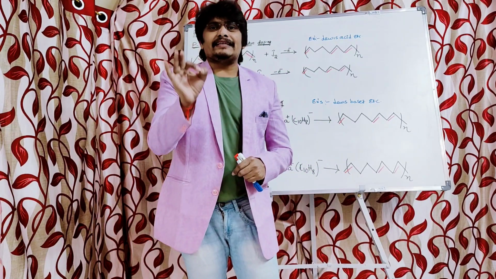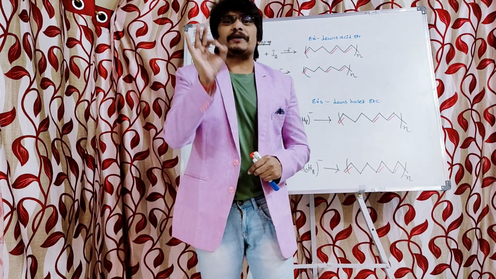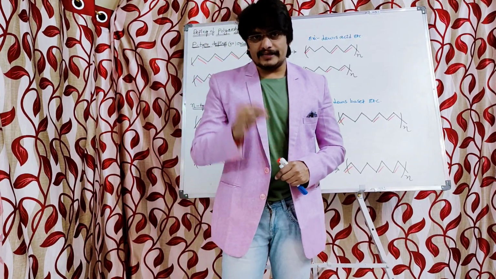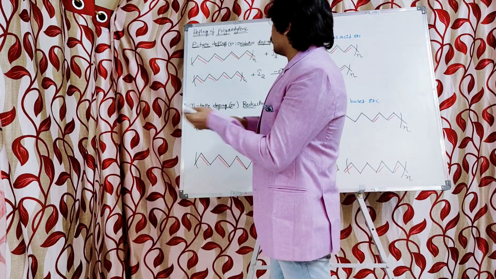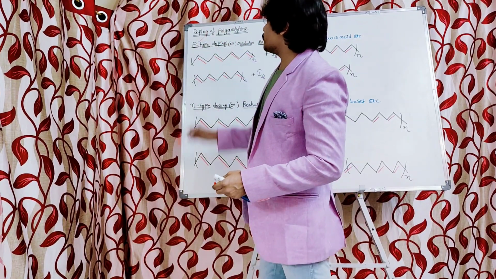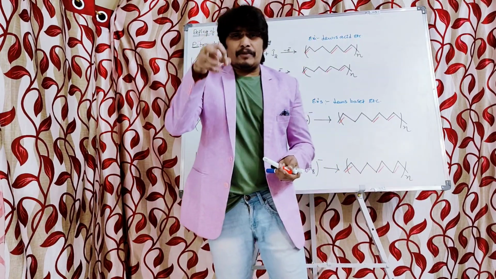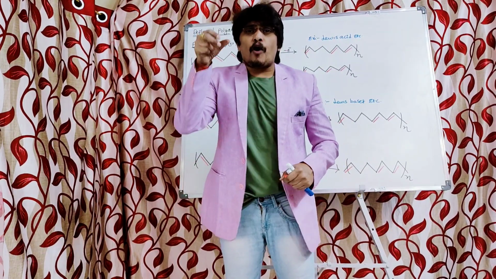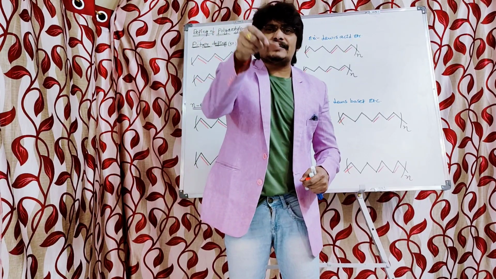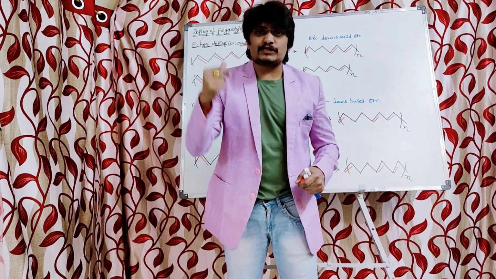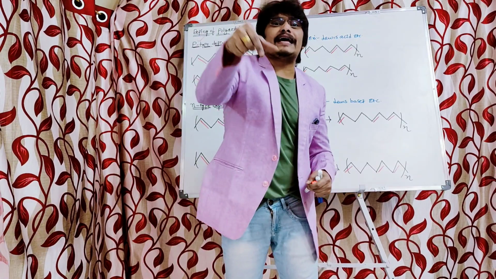P in P-type doping represents positive doping. P stands for positive. So what do you mean by positive doping? Positive agent is being added to the conducting polymer. In this case, a positive agent is added to the polyacetylene.